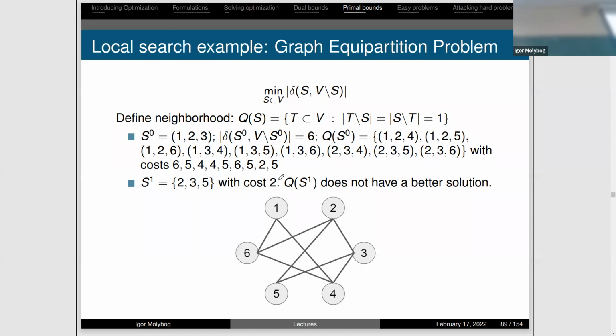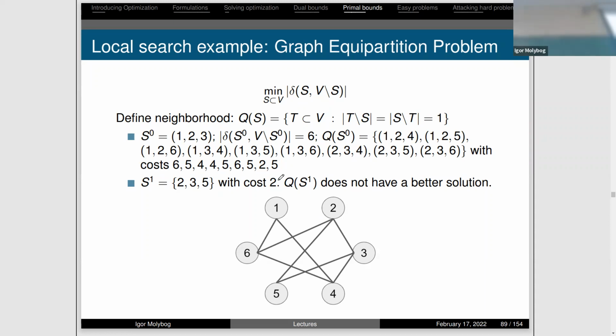It's going to be 1, 2, 4, 1, 2, 5, 1, 2, 6. It's going to be 1, 3, 6, 1, 3, 5, 1, 3, 4, and three more subsets.